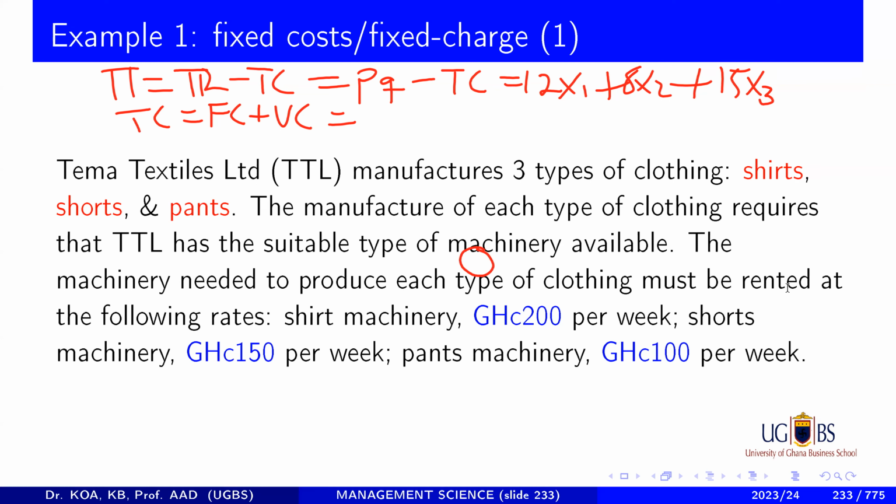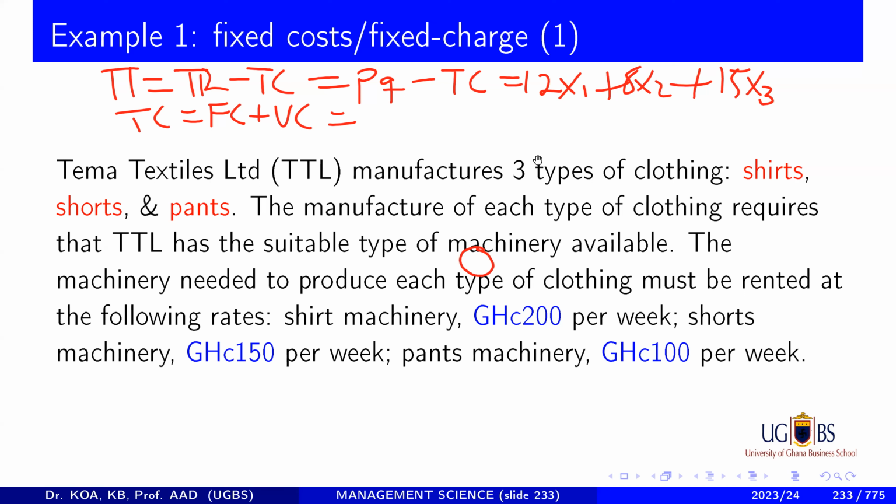So we have 200, 150, and then 100. But remember, each one must be incurred if we are going to what? Each of these costs will be realizable, provided what? Philip. So provided we produce the decision variables.